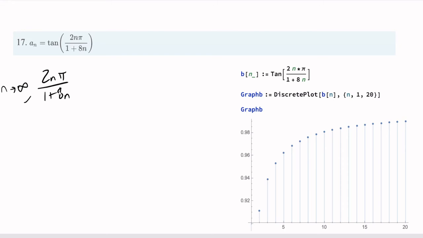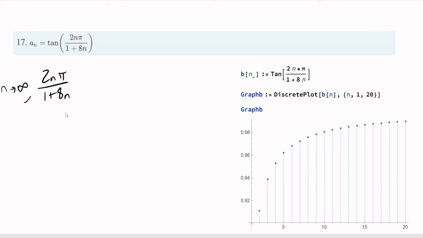So back to my pre-calc, they're growing at the same rate. Shouldn't the n's cancel and leave just the 2 pi and the 8? Yeah, that's what happens. This inside, these are the same power. This is rational, so we know what should happen there. So then you're sitting there like, tan though. Well, there's another Calc 1 rule here that we haven't talked about yet for limits that's helpful.